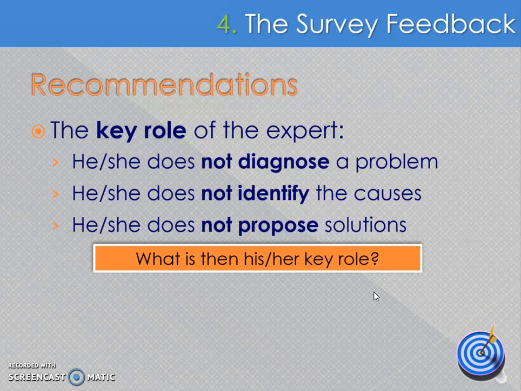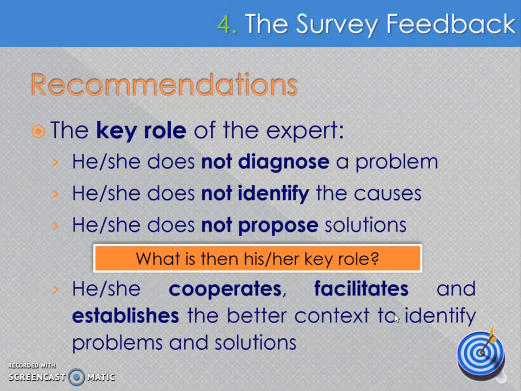What is then his key role? Probably you are thinking. He cooperates, facilitates, and establishes the best context to identify problems and solutions. So the expert is, in sum, just a facilitator. This is the key role of the expert, the coordinator.